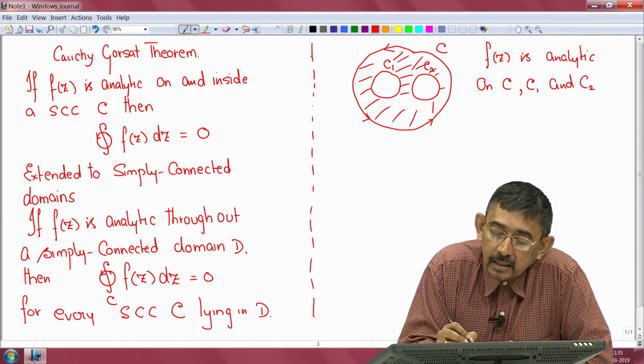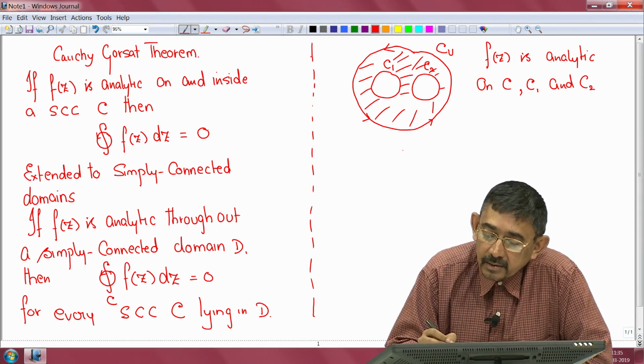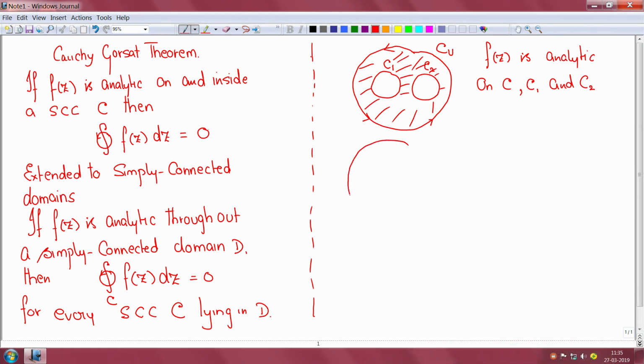Now I am going to apply the Cauchy-Goursat theorem here. Before that, I close these contours in the following manner. Let me draw this again. I call one piece the upper: this is C1 upper, C1 lower, C2 upper, C2 lower, and C upper and C lower.